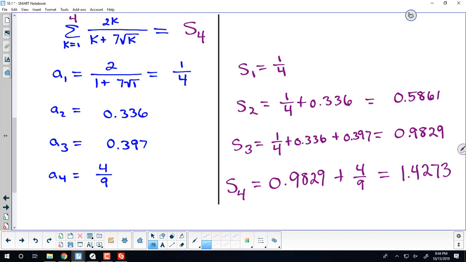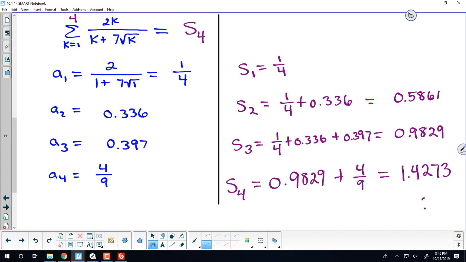This is one of the examples where it would be really hard to come up with an explicit formula for the nth partial sum, because some of the terms involve radicals or irrational numbers, and some of them don't. So the best we can do is look at those individual sums and put them together as the sequence of partial sums: 1/4, 0.58, 0.98, 1.4.